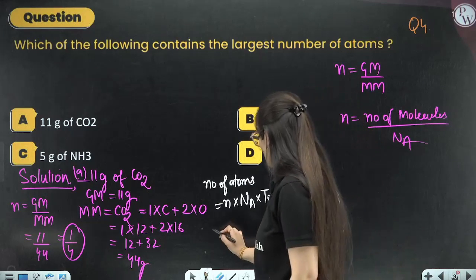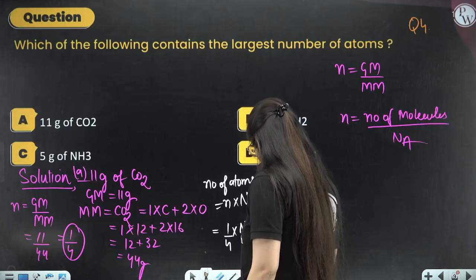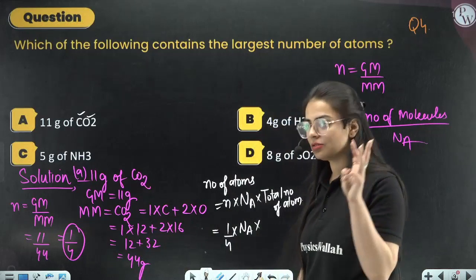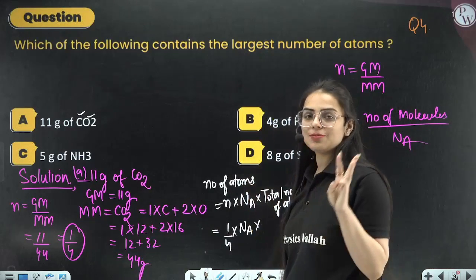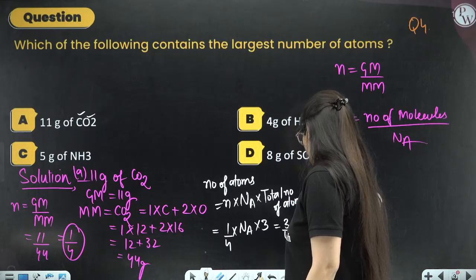Understand this very basic thing. Now, number of moles is 1 by 4, into Na, into total number of atoms. CO2, 1 carbon, 2 oxygen, how many atoms? 3 atoms. So this comes out to be 3 by 4 Na.